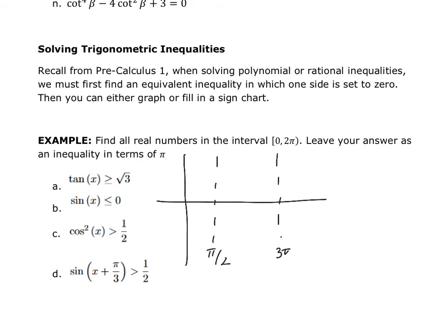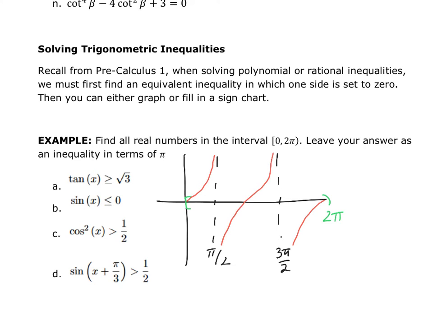At 3 pi over 2, we have another vertical asymptote, and etc. So if I look at only the interval between 0 and 2 pi, then the graph that I have looks like this. And that's only looking at from 0 to 2 pi. So that's what the tangent graph looks like.